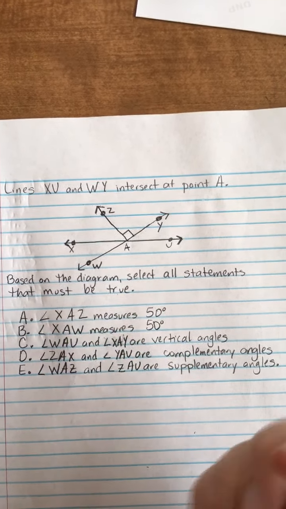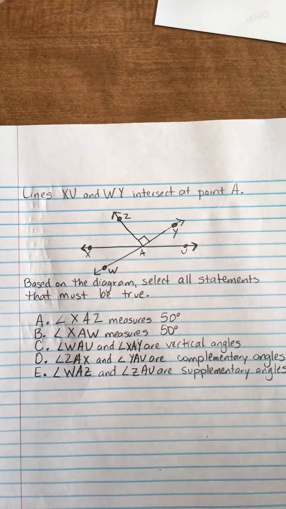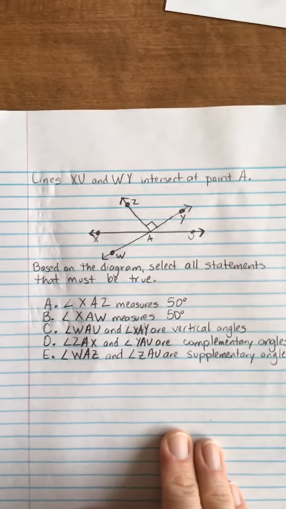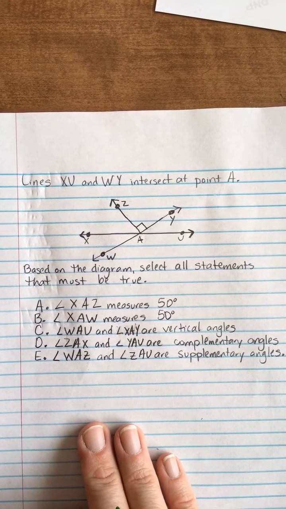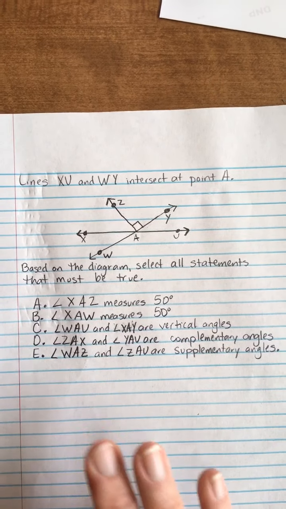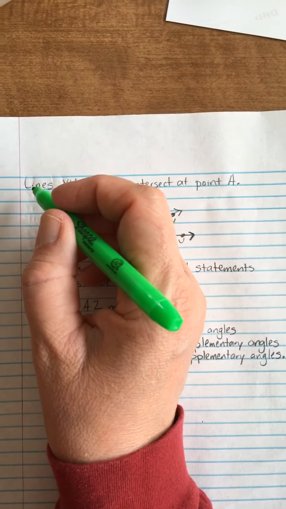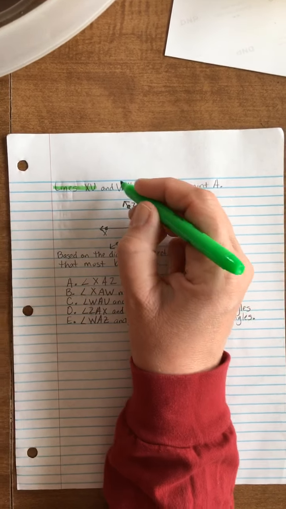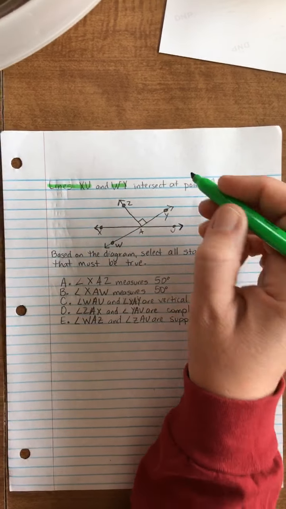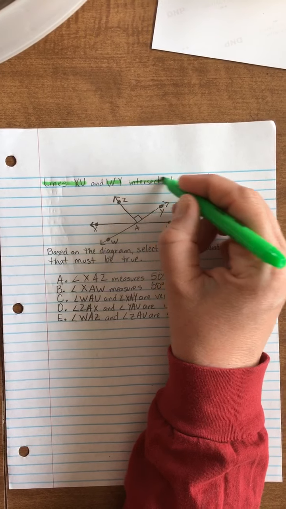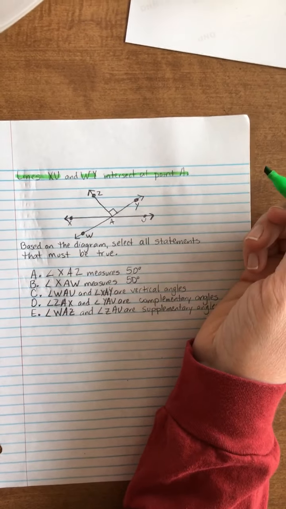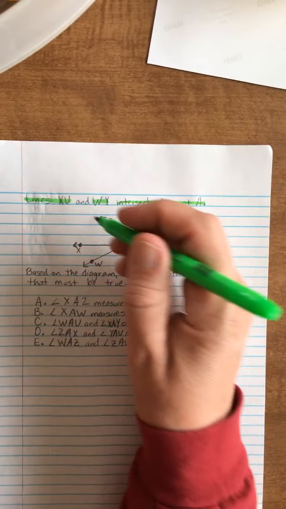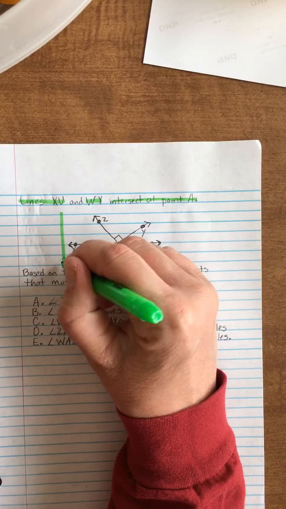So with my highlighter, I'm going to highlight what I believe to be the keywords in today's question. I would definitely say that identifying the lines here, that XU and WY intersect at point A. Kind of naturally something we would do in class is to highlight the entire diagram.